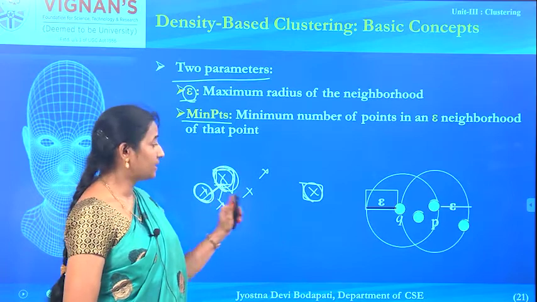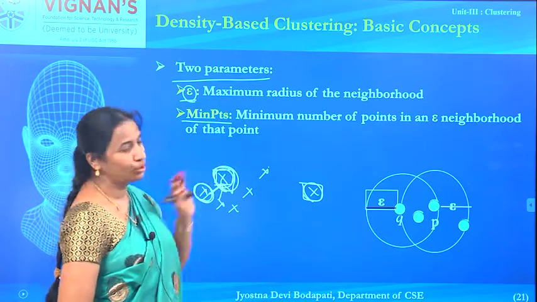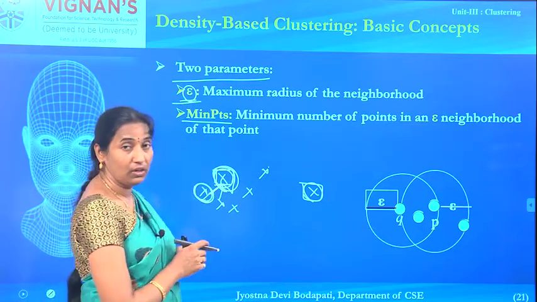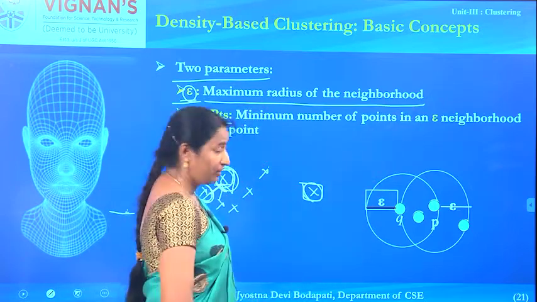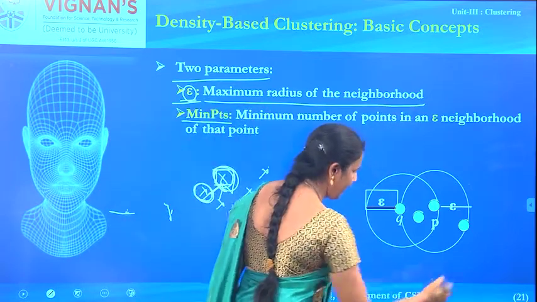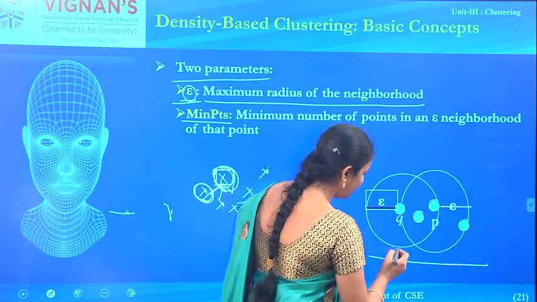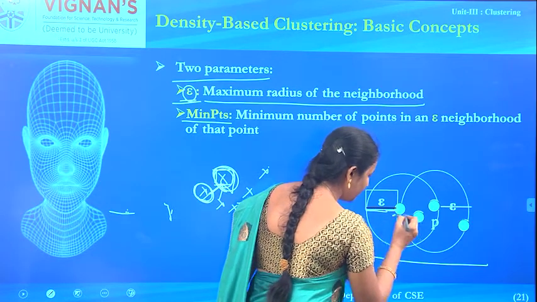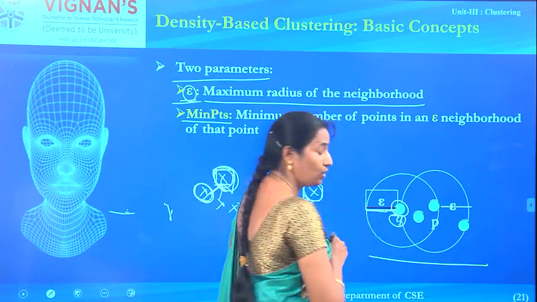With that idea, the K-Means and the K-Medoids work, and the same principle can be extended here also. For that, the epsilon is defined, and the epsilon represents the maximum radius of the neighborhood. If you observe this example, I am defining this as the radius of this point Q. So this is the Q and this is the epsilon.